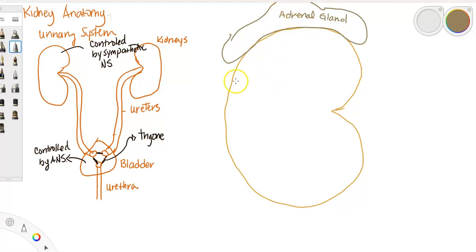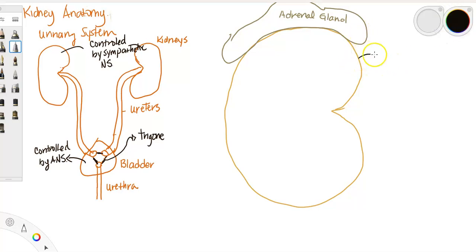Okay, so in the kidney itself, the outside of the kidney is basically contained in a capsule.